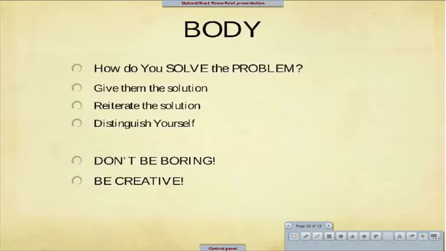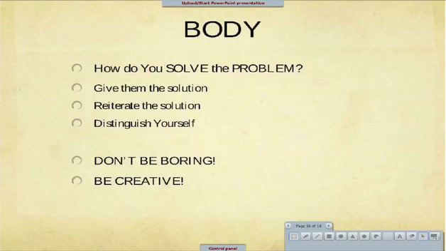So then the next thing you want to do in the body with your copy is you want to solve the problem. And how you're going to solve the problem is pivotal to the marketing piece. You really want to know how you're going to solve it, and you want to give them the solution. And you want to be really clear about what that solution is.